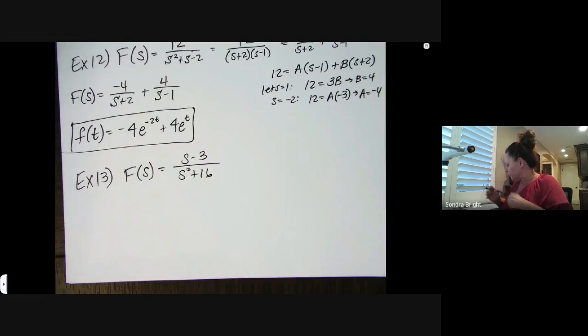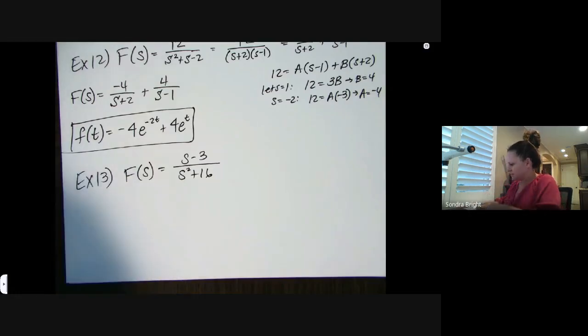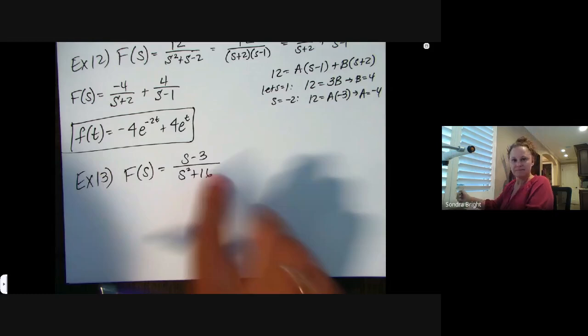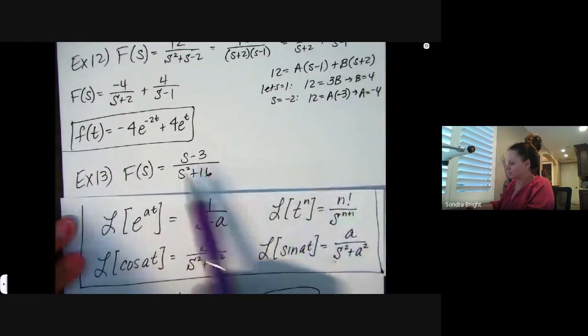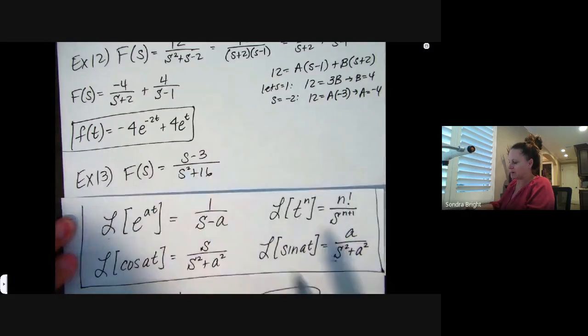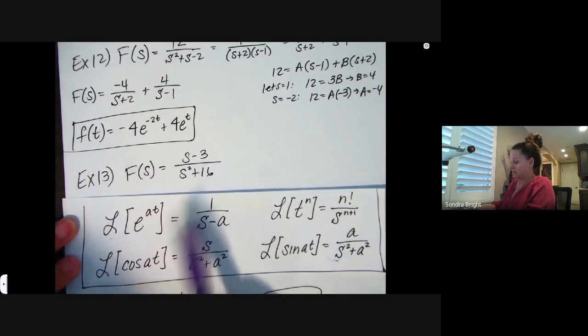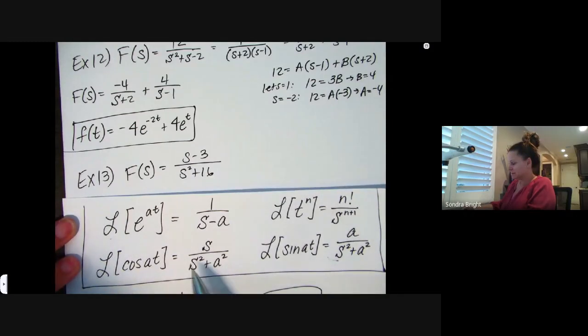Nowhere on here do we have an s minus a number on the top. I do have an s squared plus 16, so I could probably get it to be one of these forms.